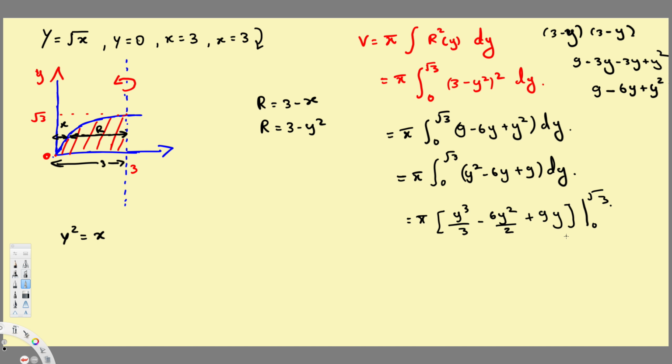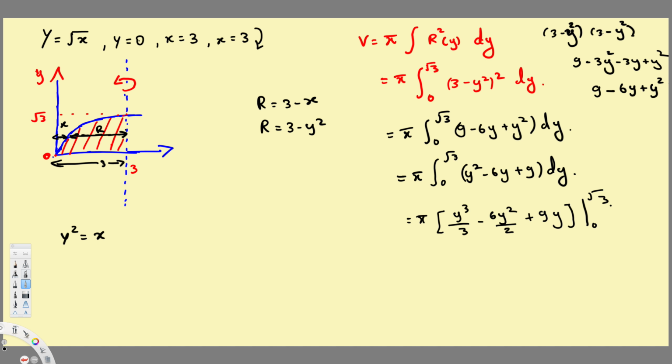You know what? We are expanding (3 - y squared) squared. I made a mistake right here. So this is (3 - y squared) times (3 - y squared). 3 times 3 is 9, that's right. Then 3 times minus y squared is minus 3y squared. Then minus y squared times 3 is minus 3y squared.